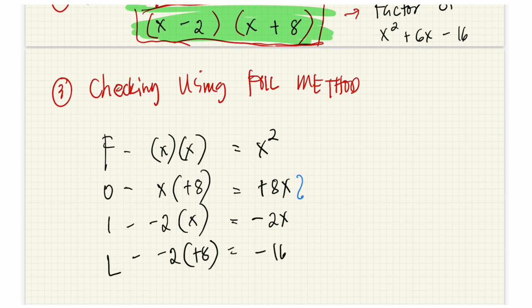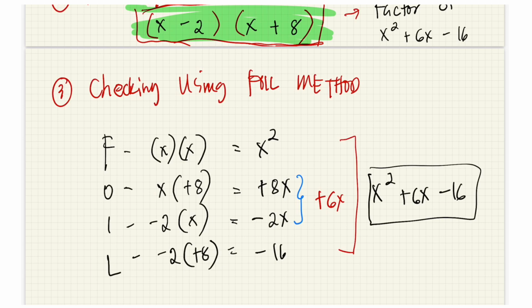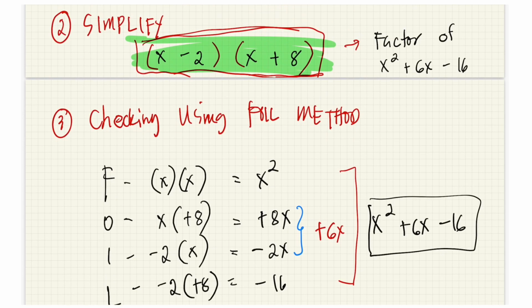And then we combine this. 8 minus 2, the answer is positive 6x. Then we combine the three, and we have x squared plus 6x minus 16. So with this, we can see that this one is equal to that.